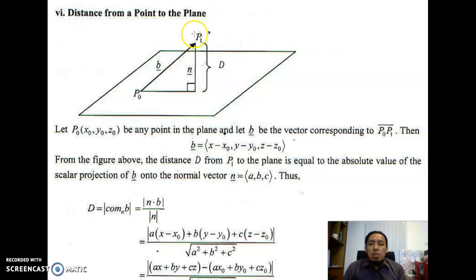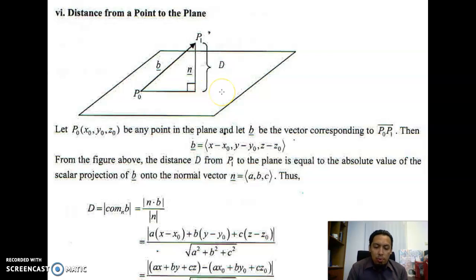Assuming that we have this vector, we will project this vector onto this line, and then we will use the projection formula to find this length, and after that we should be able to get the distance. But we're not going to use the formula directly.